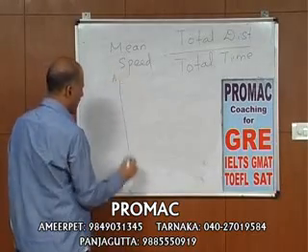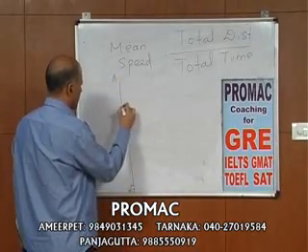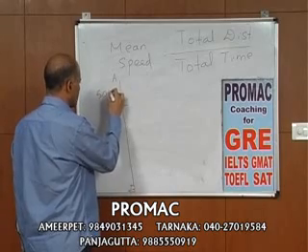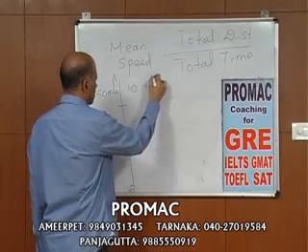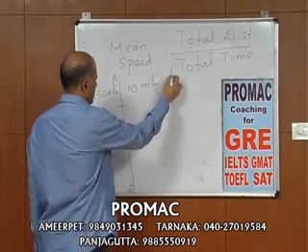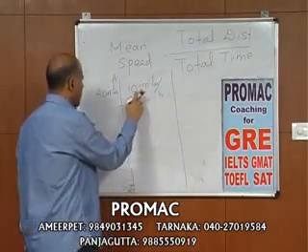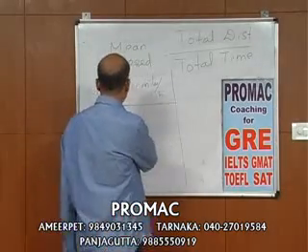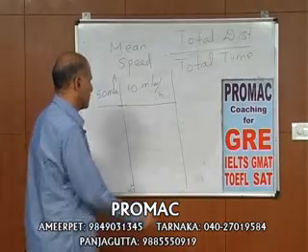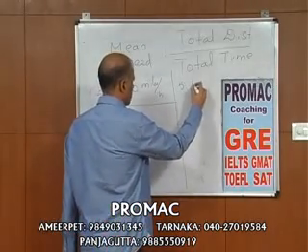I travelled from A to B. First 50 miles, I travelled at a speed of 10 miles per hour. At a speed of 10 miles per hour, 50 miles, how much time do I take? 50 divided by 10, so I took 5 hours.